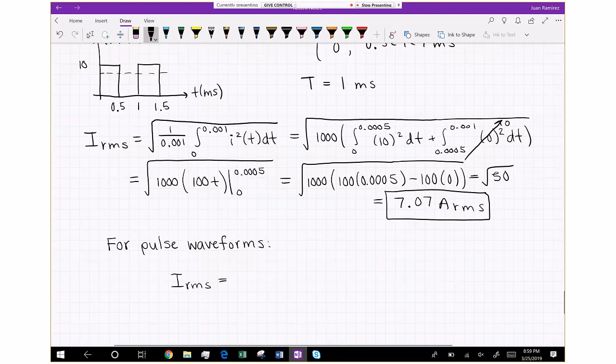And so that current will be equal to the peak value, which we use IM for, multiplied by the square root of the duty cycle. Okay, so the duty cycle in this case was 0.5, right?